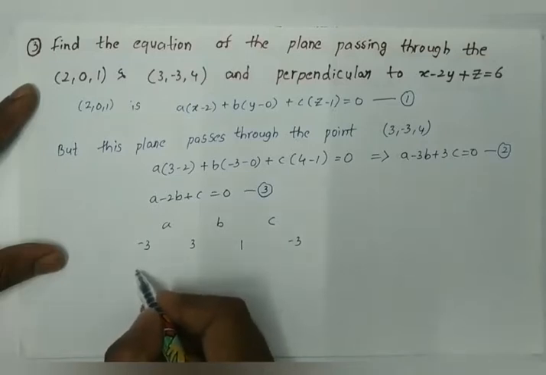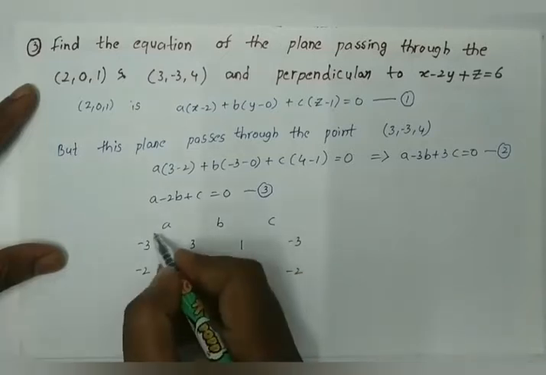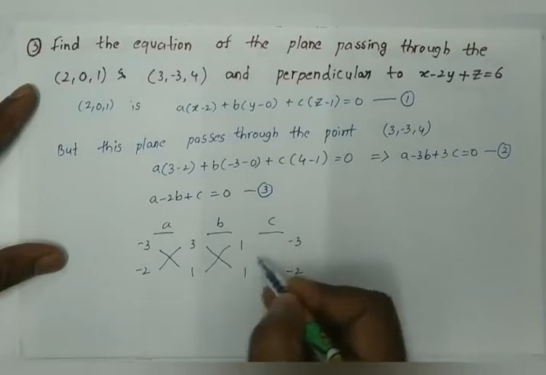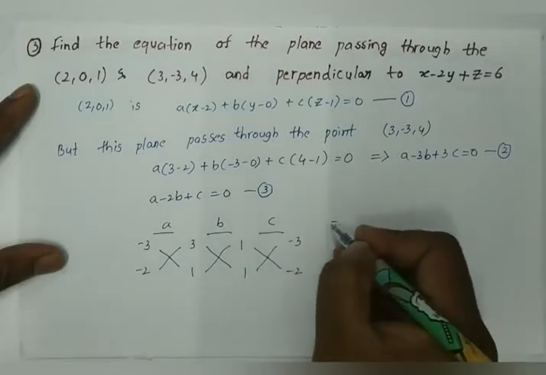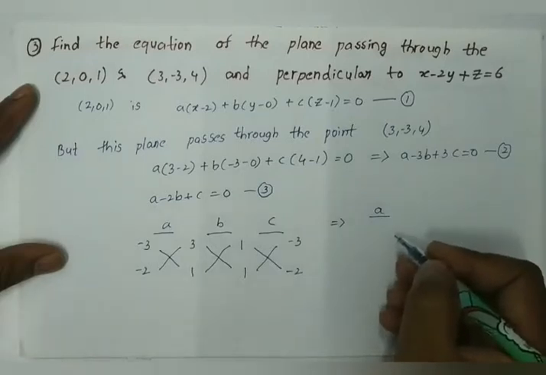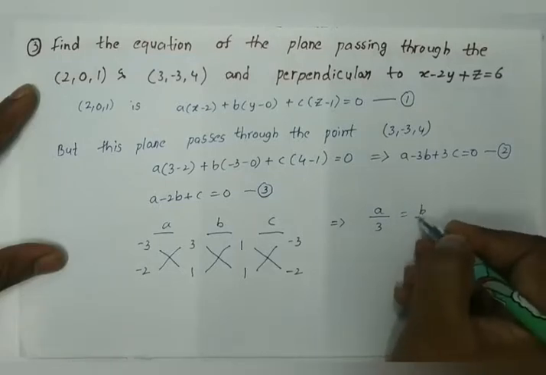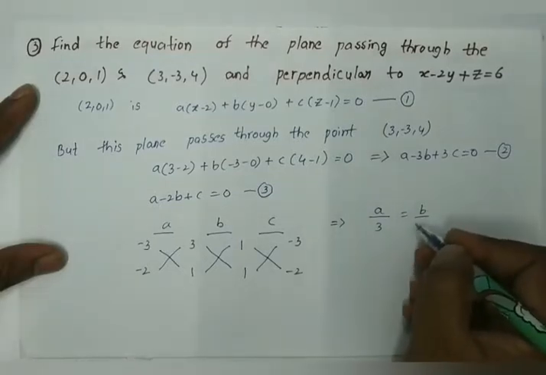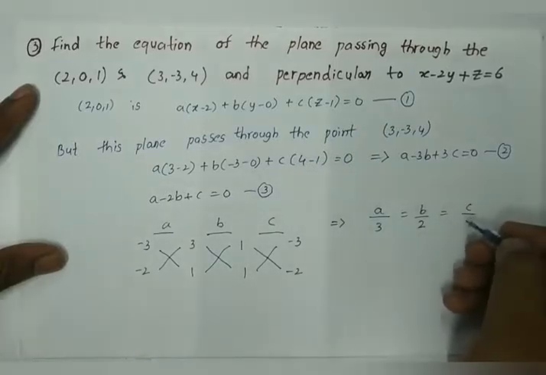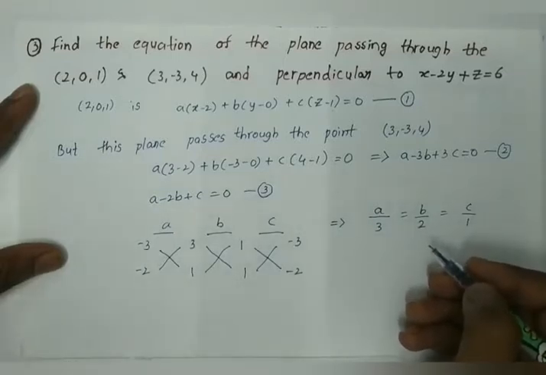Next this is -2, this is 1, this is 1, this is -2. Which implies a/(-3 + 6) is nothing but 3, equal to b/(3 - 1) is nothing but 2, which implies c/(-2 + 3) is nothing but 1. Therefore a = 3, b = 2, c = 1.